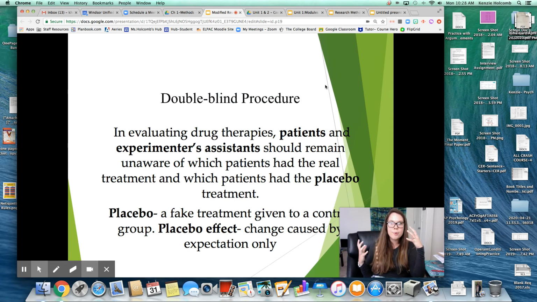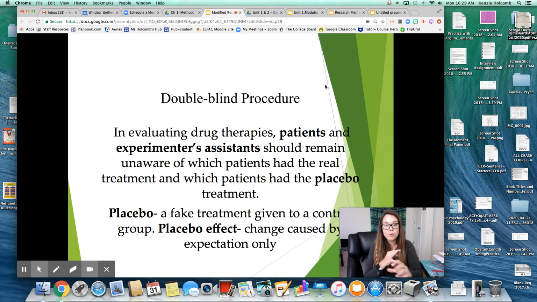So a procedure that a lot of doctors use to try to take away human bias, and if you watch Grey's Anatomy, there's a lot on double-blind procedures, is when the patients and the experimenters do not know which one you're getting. They do not know if they're giving you the real medication or the placebo treatment.